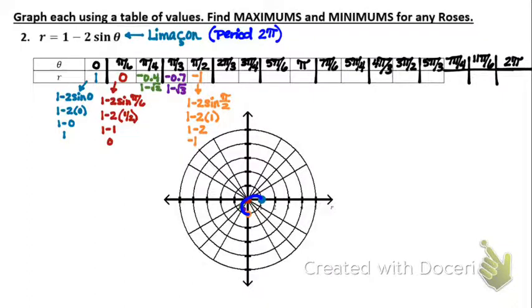I'd like to get 3 more points before we call it a day, and we've got just a couple minutes left. Where's our next point going to be? Negative 0.7, because we end up with 1 minus radical 3 again. So 2 pi over 3, that's going to be right here.